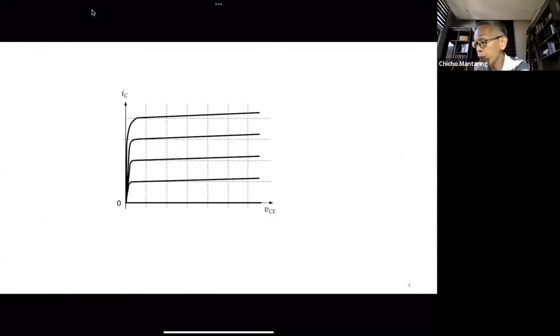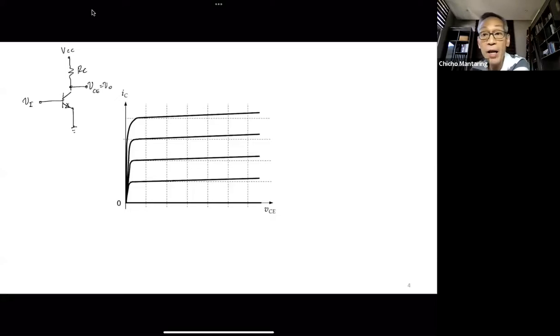I'd like to show you the operating point versus the transistor characteristic curves, because showing the operating point on the transistor characteristic curves can provide a lot of information. So let me just redraw again my circuit here. This is V capital I. This is VCE, which is VO, VCC, and this is RC.